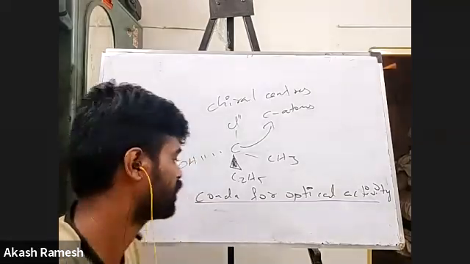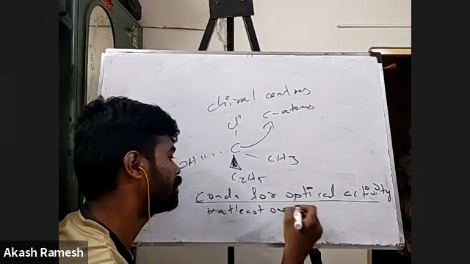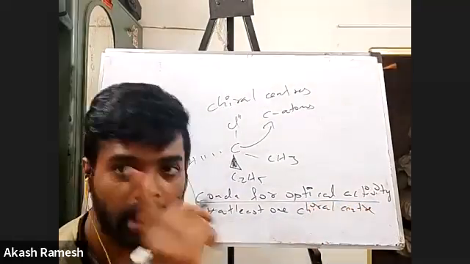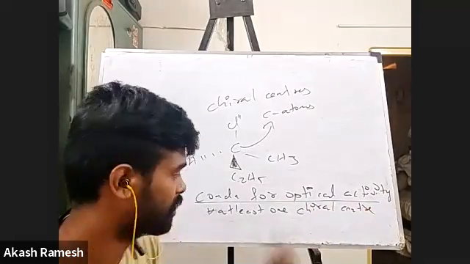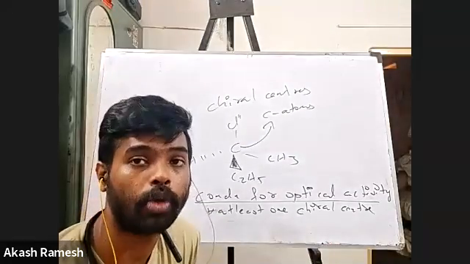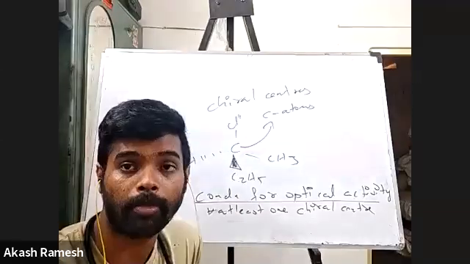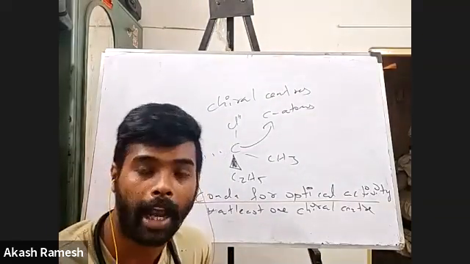The first condition is at least one chiral center. At least one chiral carbon atom should be there. But again, I can have exceptions. This is the general rule, but I will show you at the end of this optical isomerism that even though some compounds do not have a chiral center, they can be optically active.